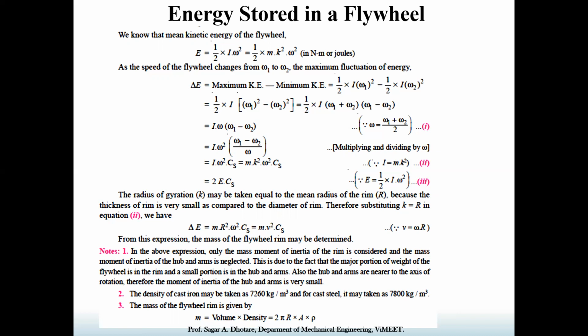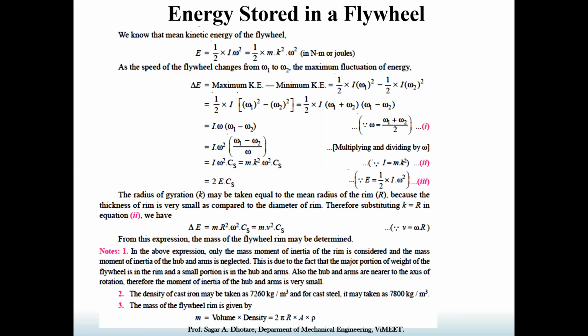So from this equation, we can resolve it as I into omega 1 minus omega 2, as we know properly. Based on that, omega is equal to omega 1 plus omega 2 divided by 2. So we have written omega over here, and similarly we can find the equation for CS, that is omega 1 minus omega 2 divided by omega.